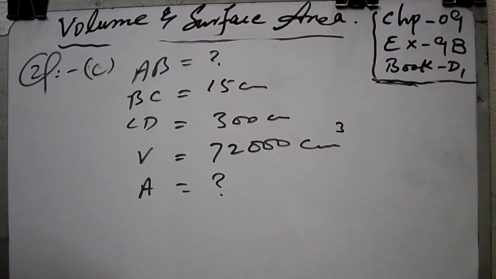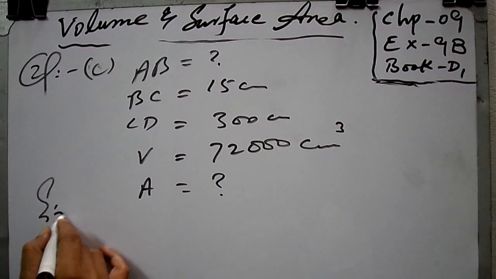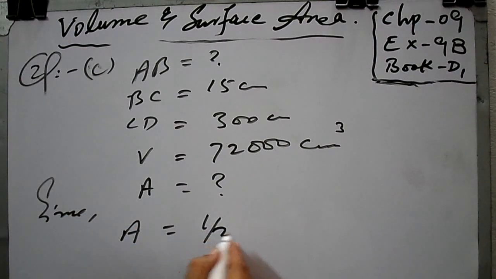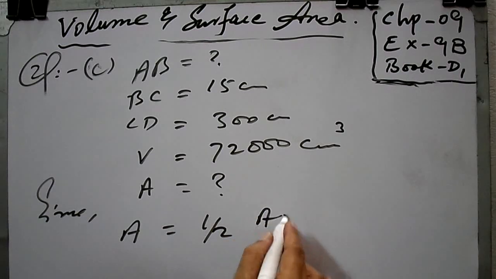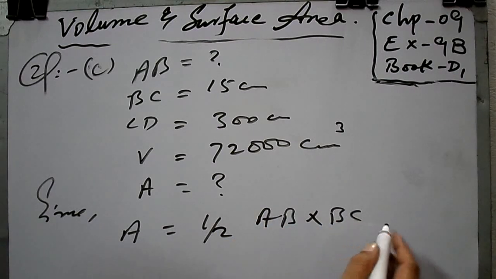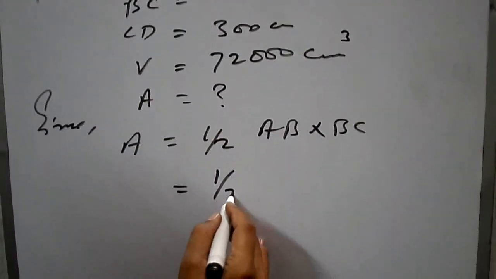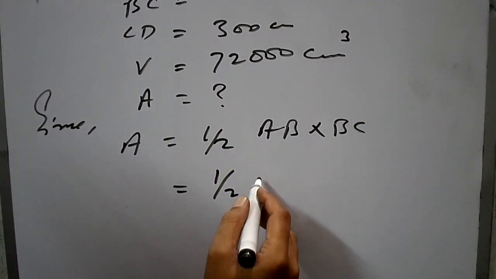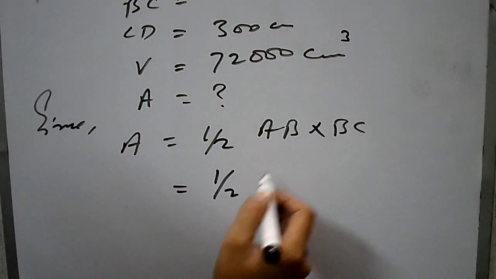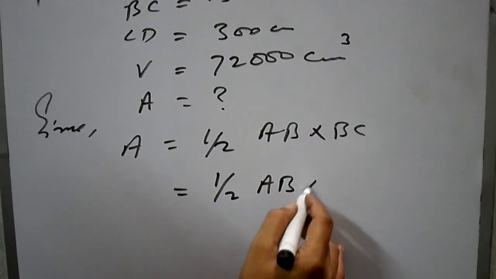Since we have a formula, that is area is equal to half into base into altitude, we have to find the value of AB. So let AB stay as it is here.